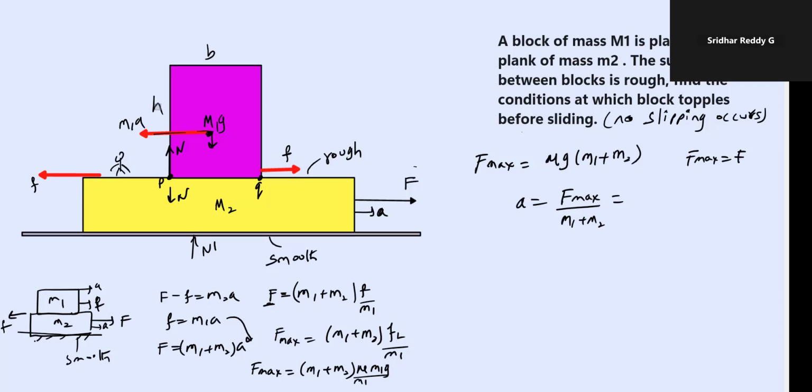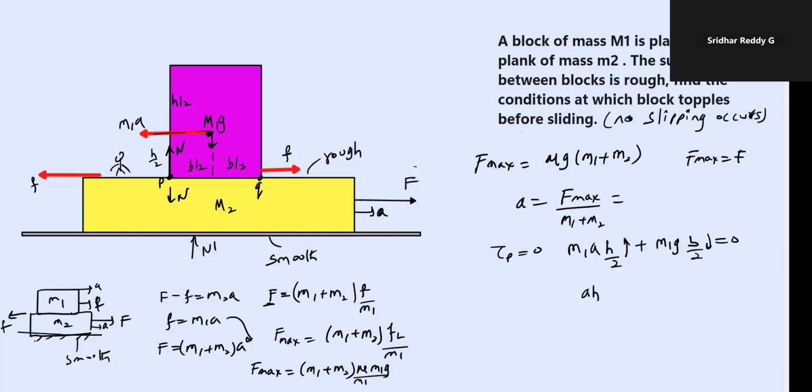So the net torque about P should be 0. m1 a h by 2 will be anticlockwise. Torque due to the weight, m1 g b by 2, is clockwise.